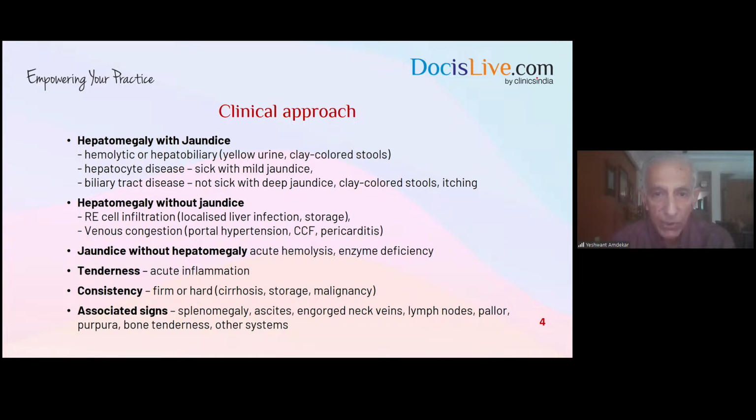But on examination, there is often no hepatomegaly. That's the beginning story of a biliary tract disease. And more important, to begin with, the health is reasonably maintained till the disease causing biliary obstruction worsens or the disease spills over to the hepatocytes, causing hepatocyte disease secondary to biliary tract disease.